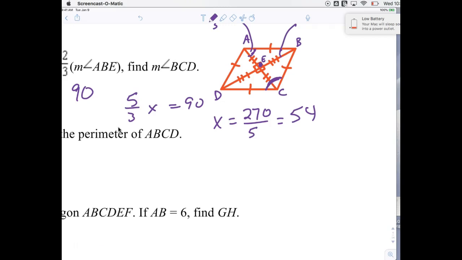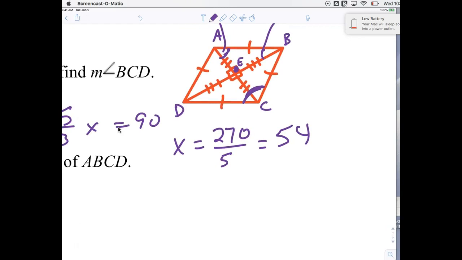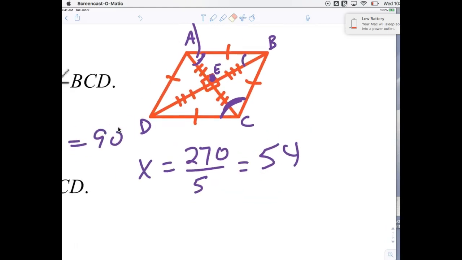Now, how exactly do I do that? Well, what is x? 54, right? So if this angle, now I'm going to erase a little bit right here. If this right here is 54, this angle right here is 54 degrees, then what's this angle right here?